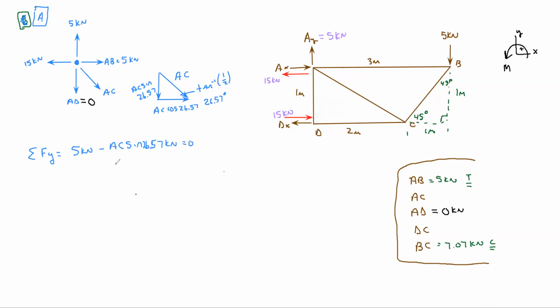Solving for AC, it's 5 kilonewtons divided by the sine of 26.57, which is equal to 11.18 kilonewtons. A positive number indicates that I have AC drawn in the correct direction. That's in tension.